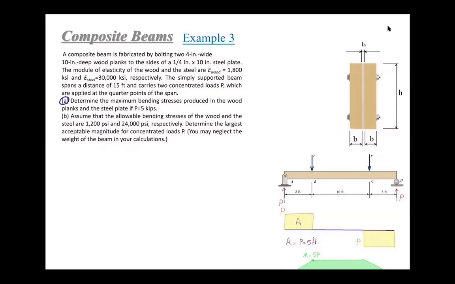Step A is asking you to determine the maximum stress. The maximum stress will need to be calculated from max moment times c over I. So the first step, we need to determine the maximum bending moment from the M diagram.